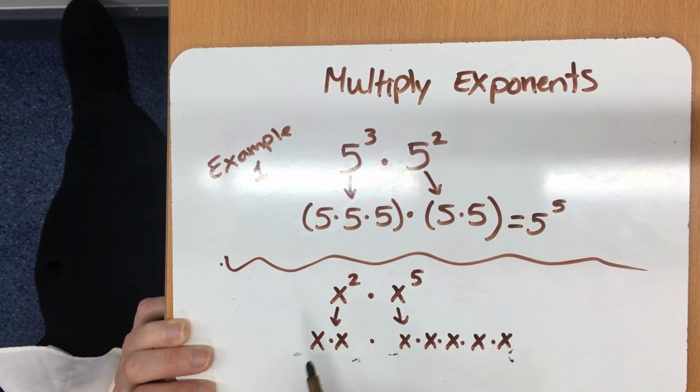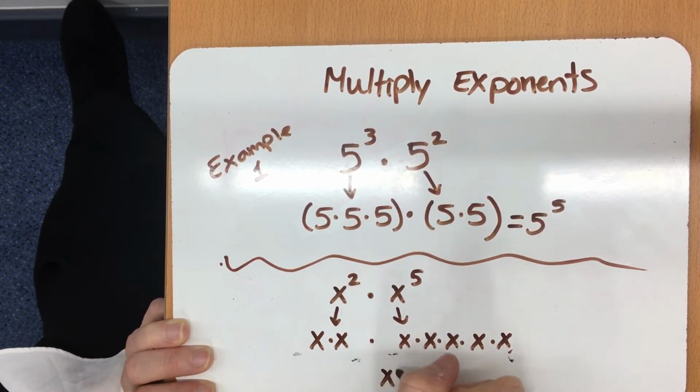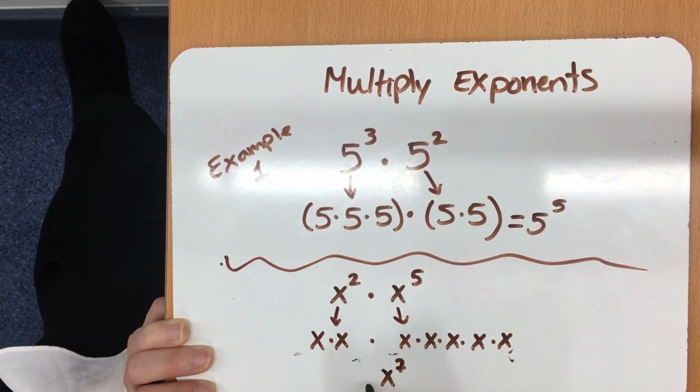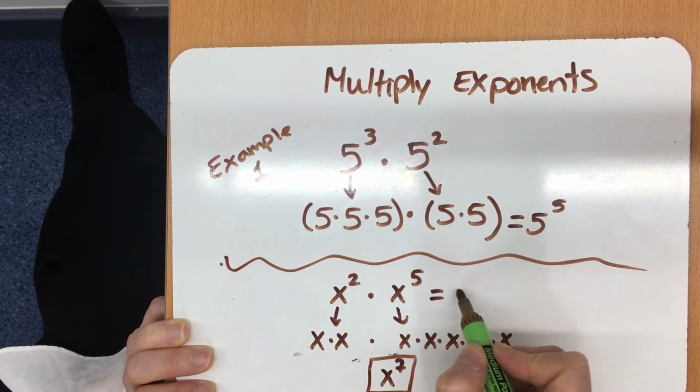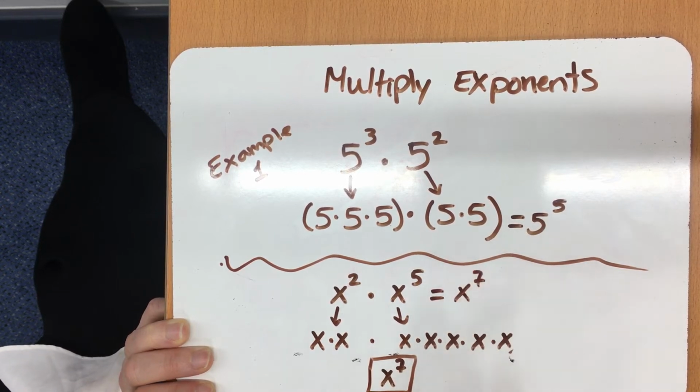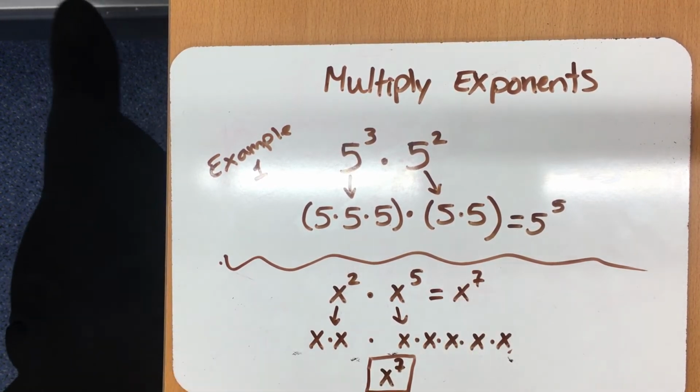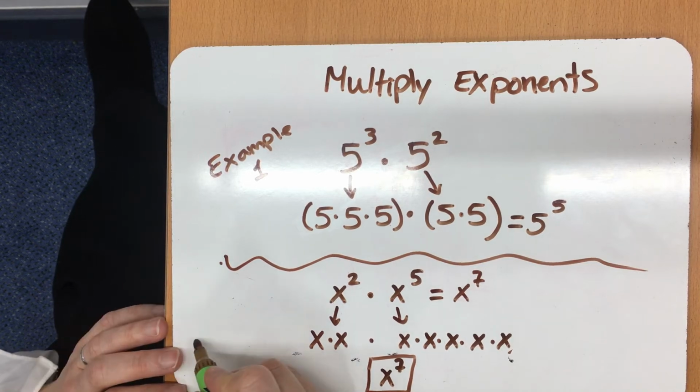And what I'm left with is 1, 2, 3, 4, 5, 6, 7 x's, all multiplied together, which tells me that as a final expression, I've got x to the 7th power. So x squared times x to the 5th is x to the 7th power. And that's what we call the simplified expression. So this is example 2.